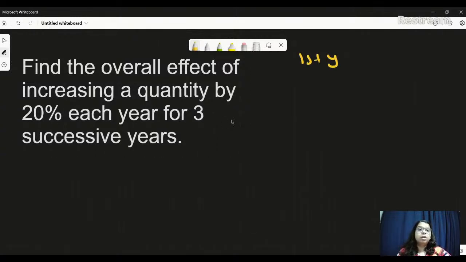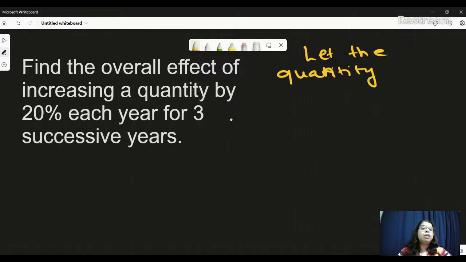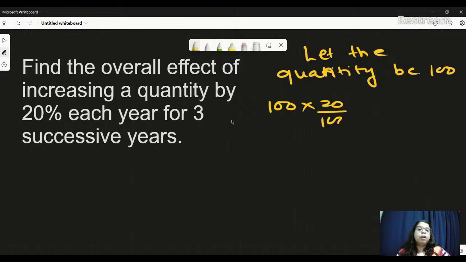So first year, let's say our quantity is 100. Whenever your quantity is not given, it's better to take it as 100. So the 100 will be multiplied by 20 over 100. So we have to add 20.